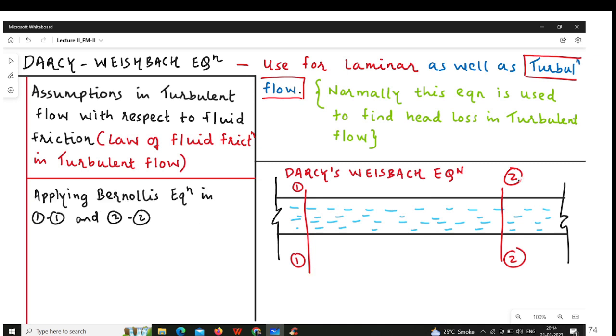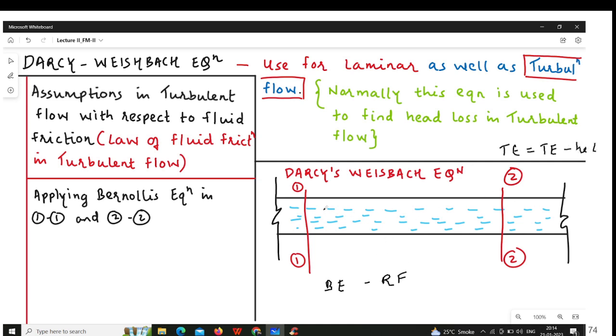So what I will do, I will apply Bernoulli's equation to section 1-1 and section 2-2. So we have to recall Bernoulli's equation for real fluid. You have to recall the statement of Bernoulli's theorem for the real fluid. What is the statement? The total energy at any section is equal to total energy at previous section minus head loss.